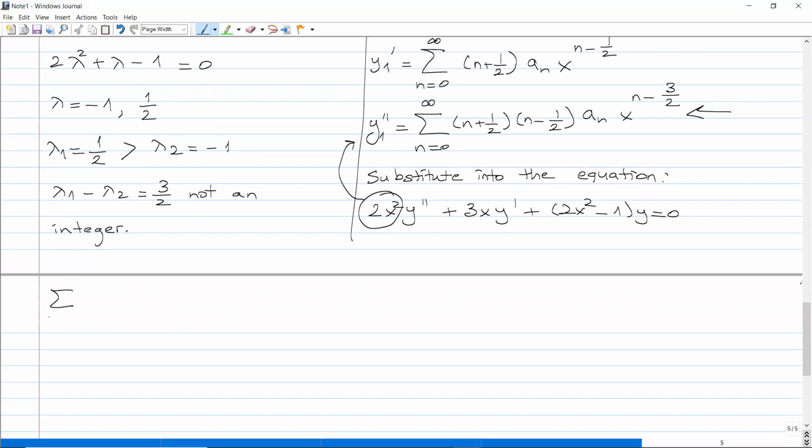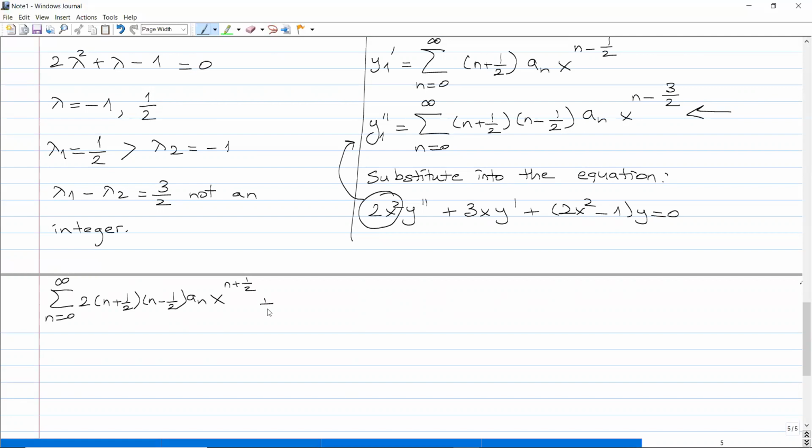So n from 0 to infinity, 2 (n plus 1/2)(n minus 1/2) an x to the power, when I multiply with x squared, this becomes n plus 1/2.